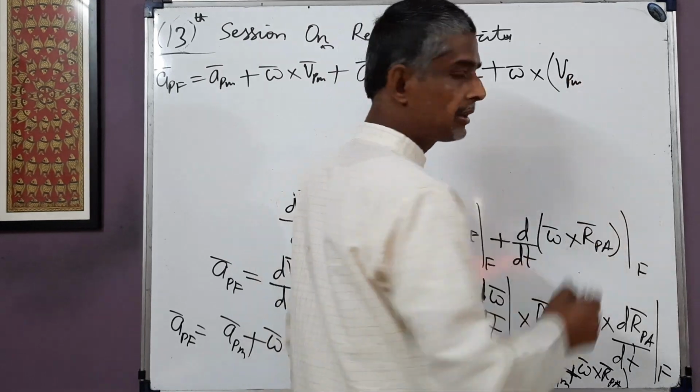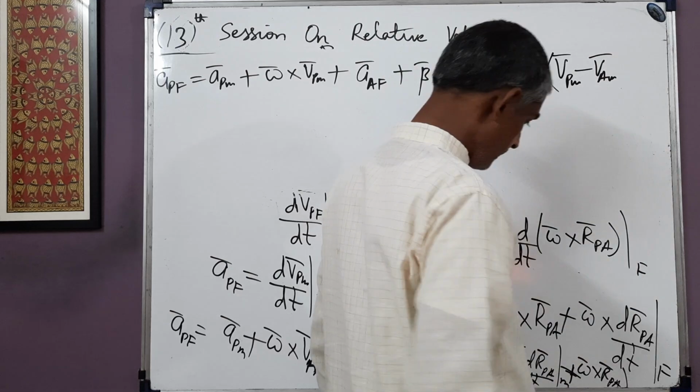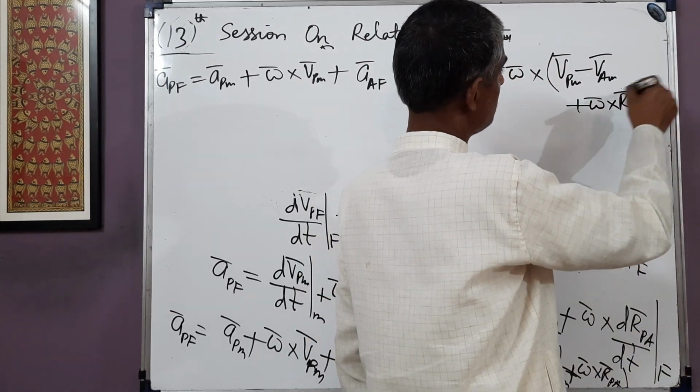From the definition of relative velocity between 2 points, VPM minus VAM plus omega cross RPA.